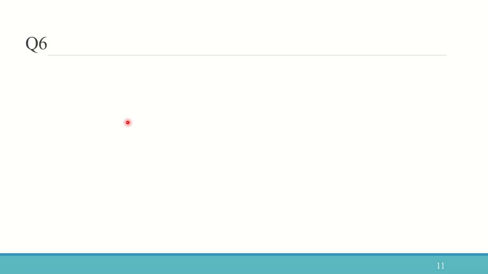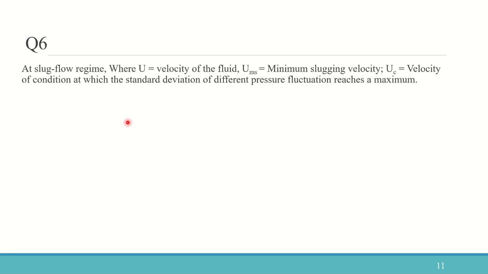We'll now move on to question 6. In question 6, it is asked that at low slug regime, where U is the velocity of the fluid, UMS is the minimum slugging velocity, and UC is the velocity at the condition at which the standard deviation of differential pressure fluctuation reaches the maximum.